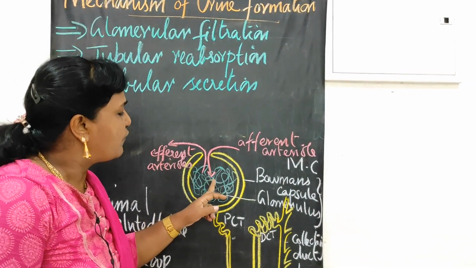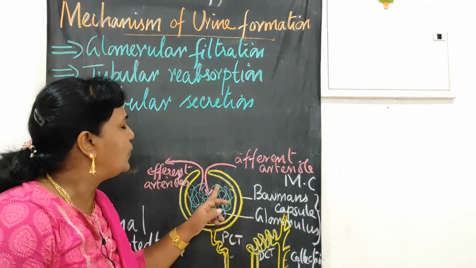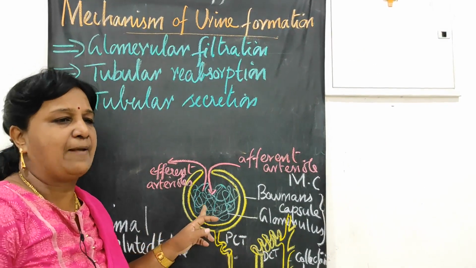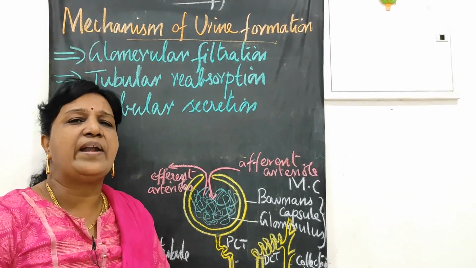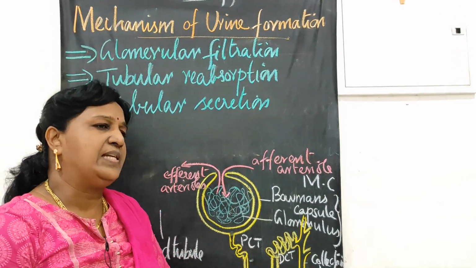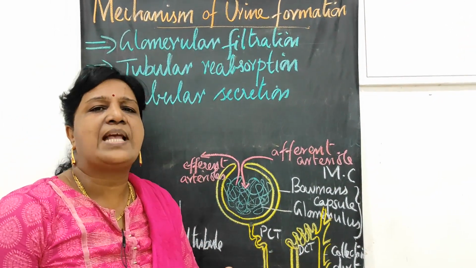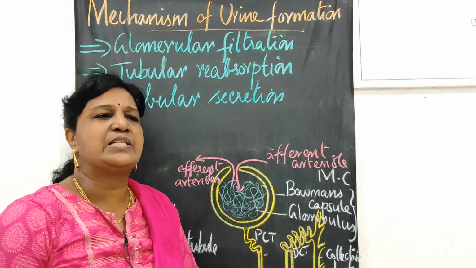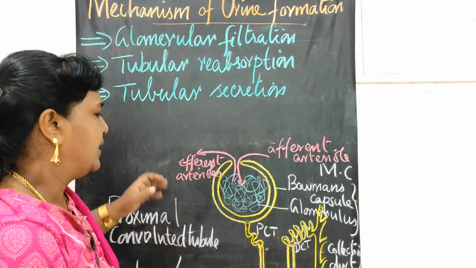So filtration of blood, or urine formation, takes place in the glomerulus and Bowman's capsule. So here both essential and non-essential substances are filtered. Substances like glucose, amino acids, vitamins, minerals, urea, and uric acid are filtered.